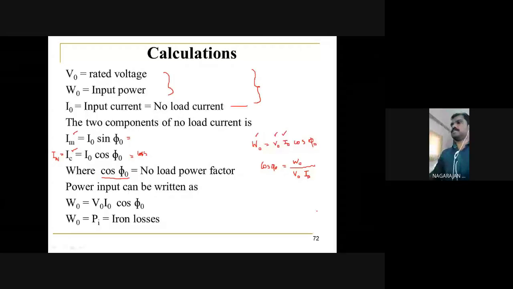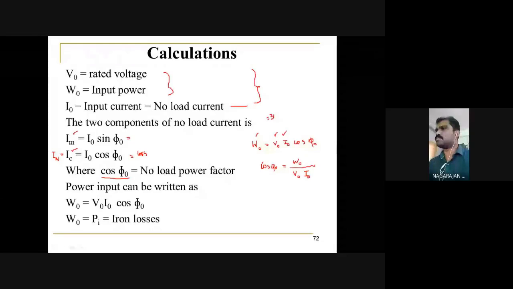Okay. So for example, assume that you are getting a power of 300 watts, and voltage of 230 volts, a current of 1.1 amperes.